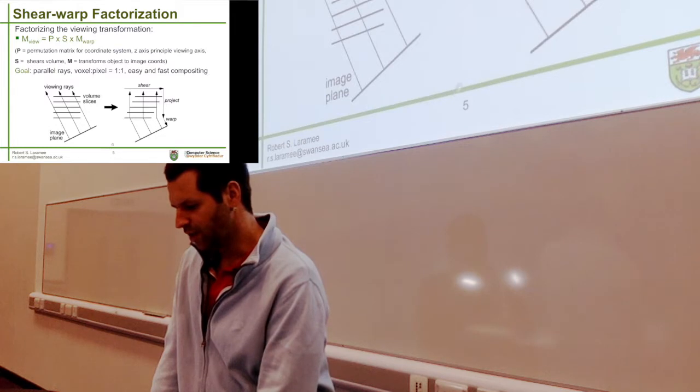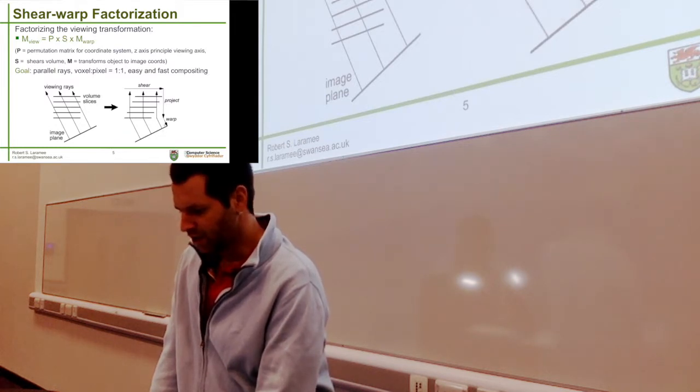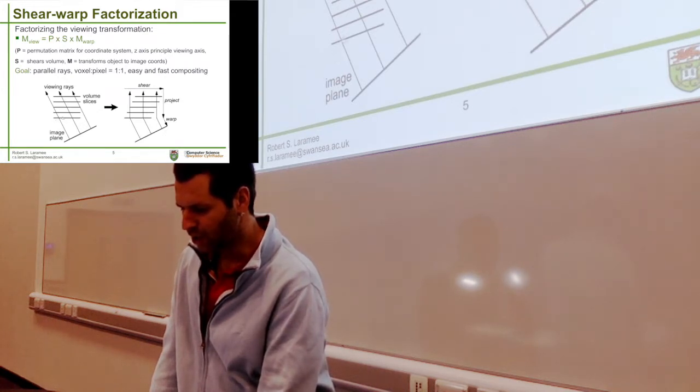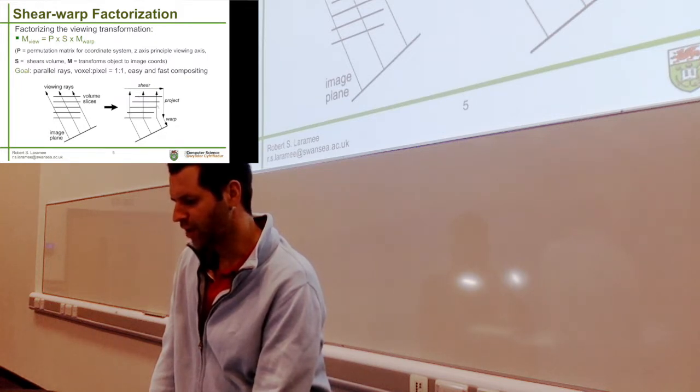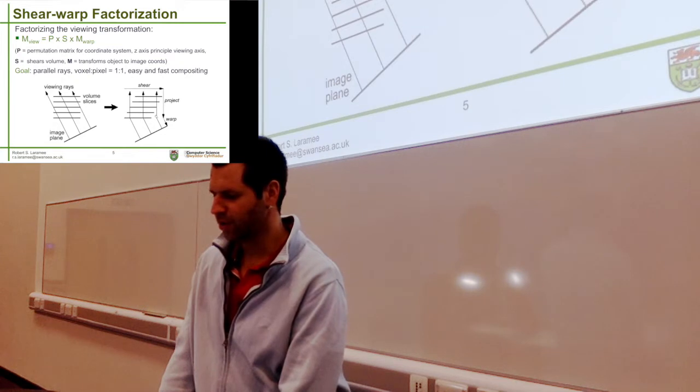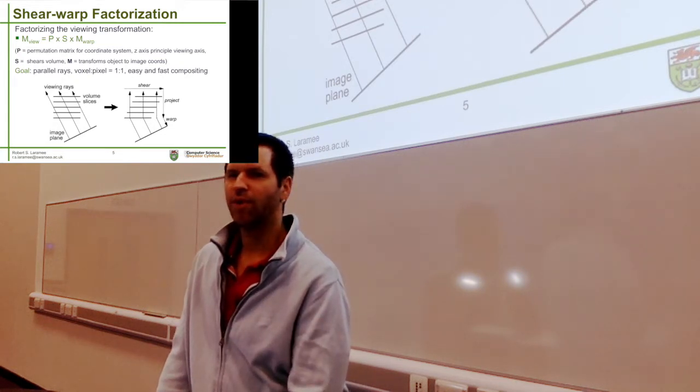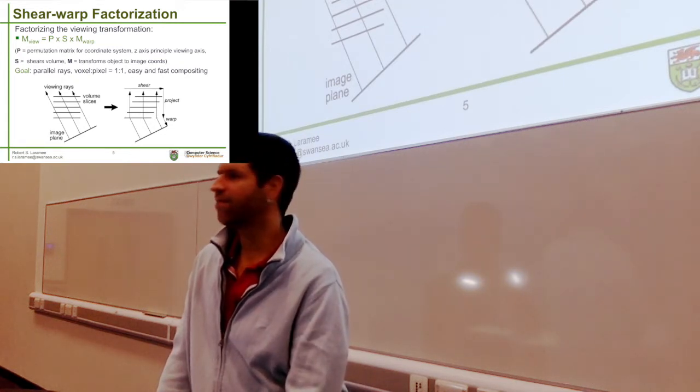The idea is to, in some ways, rotate the view so that it's orthogonal to these slices, therefore making the rays orthogonal to the slices themselves, and do our compositing along these rays, making the compositing stage and the sampling stage very fast.